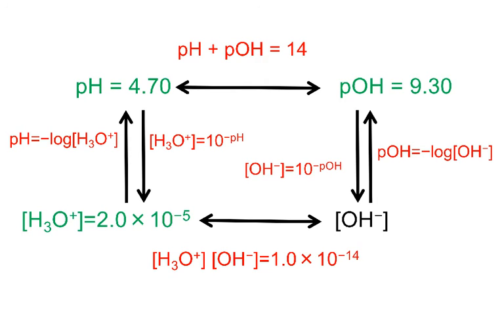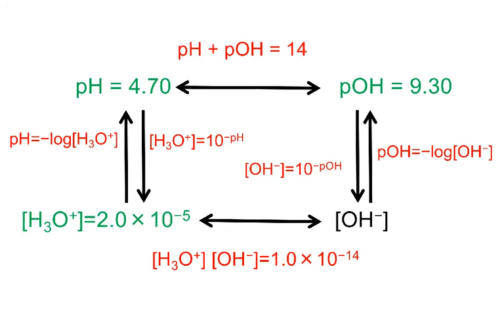Okay, so now we've added the H3O+ to our table, and the last thing we need to calculate is the hydroxide ion concentration, and there are two ways to do that. One way would be to do it just like we found the H3O+ concentration: 10 to the minus pOH. But since we've already basically done a calculation like that, let's use this way. Since we have the H3O+ concentration, I can use this equation to find the hydroxide.